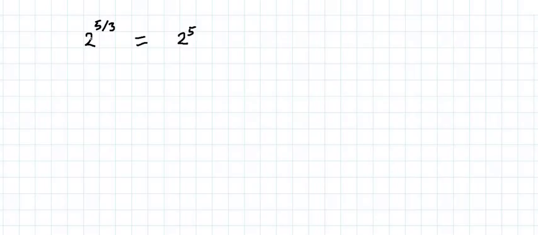And then the second instruction is to take that number and find the cube root, which is a number that when you multiply it by itself 3 times gives you 2 to the power of 5. If this is true, I should be able to carry out this calculation as 2 to the power of 5/3 and get an answer, and then carry out the calculation 2 raised to the power of 5, then take the cube root and get the same answer.